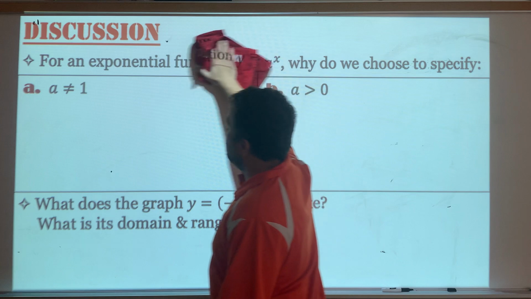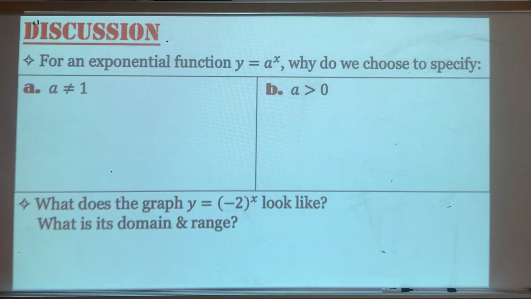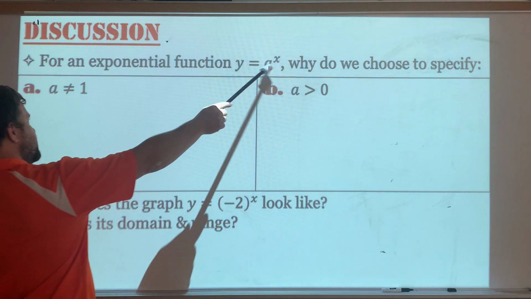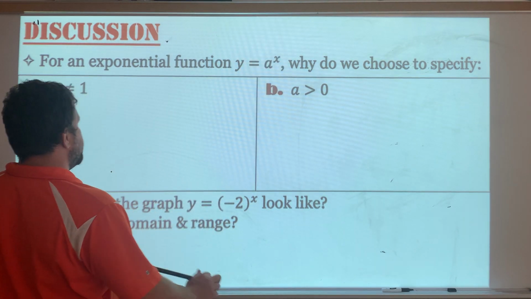With the discussion, for an exponential function, a to the x, what this says is a is not equal to 0. So what exactly does that mean? For an exponential function, y equals a to the x, why do we choose to specify a can't be 1? What happens if a is 1 here?